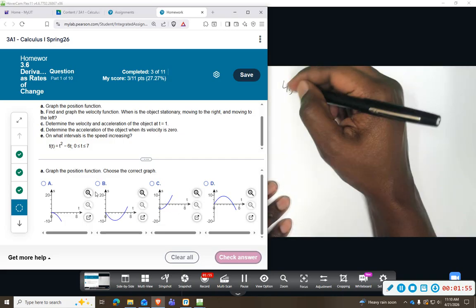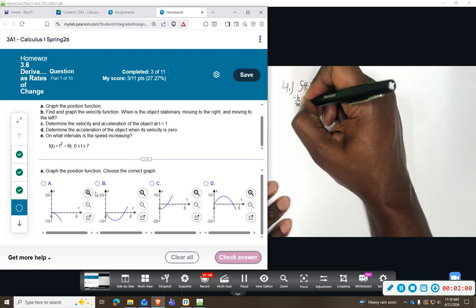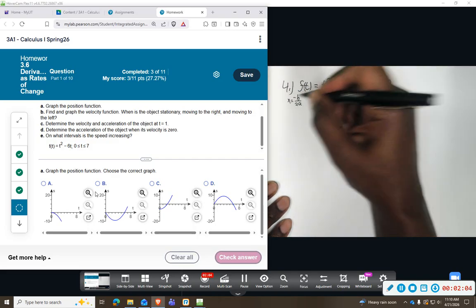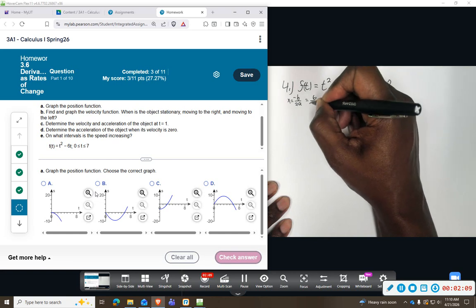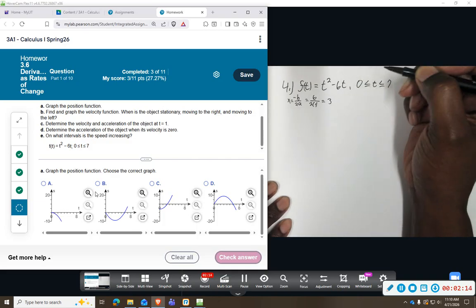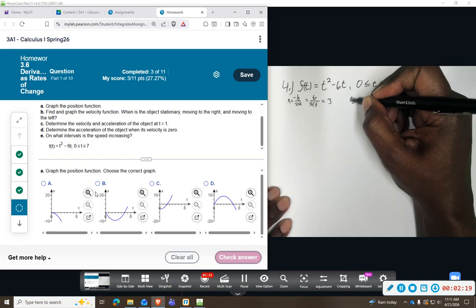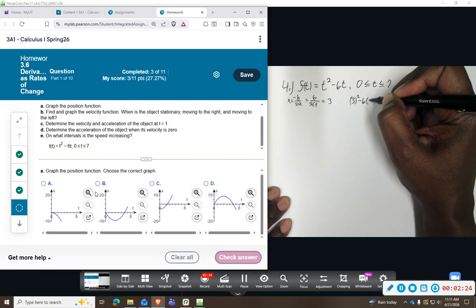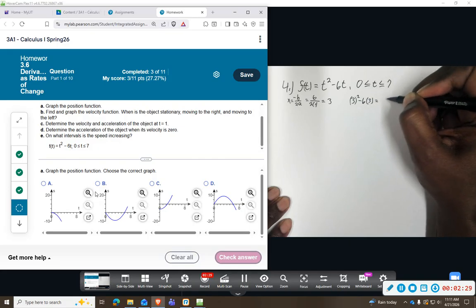Using algebra, negative b over 2a will give us the x coordinate of the vertex. The b value is negative 6, so negative negative 6 will be a positive 6 over 2 times 1, and this will give us 3 for our x coordinate. If we plug in 3, 9 minus 18 gives us negative 9.